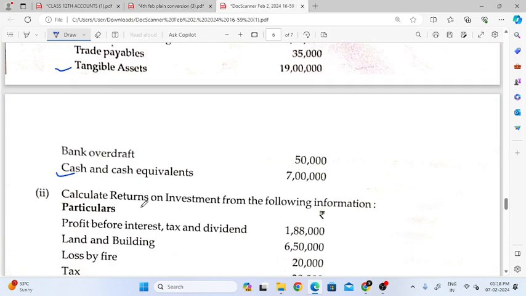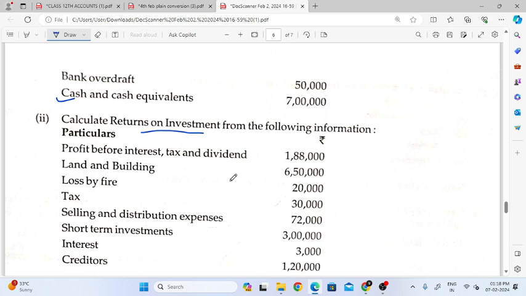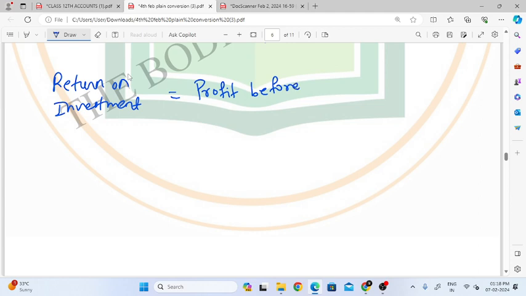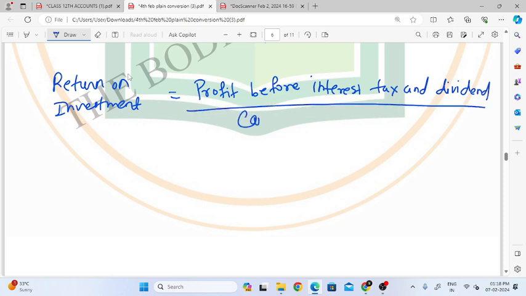Then calculate return on investment from the following information. The formula to calculate return on investment: return on investment is equal to profit before interest, tax, and dividend divided by capital employed.